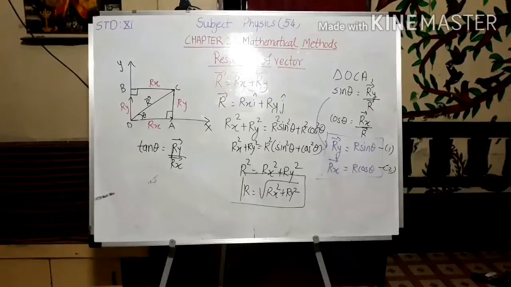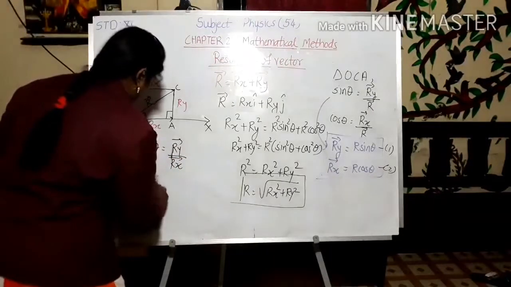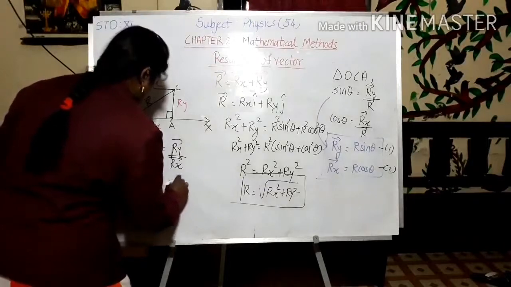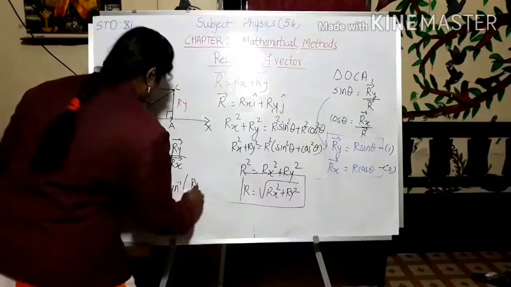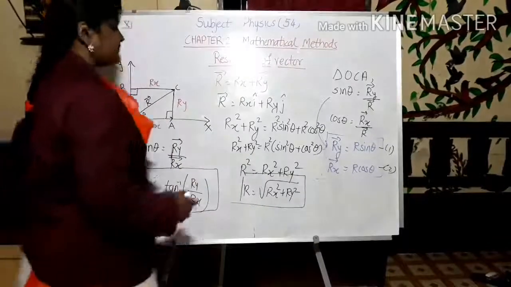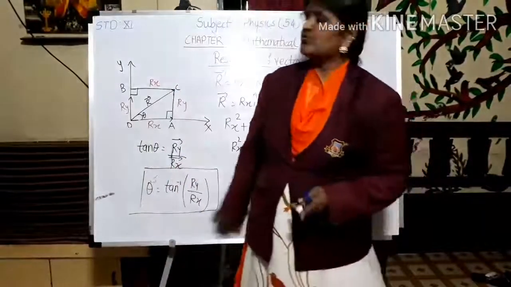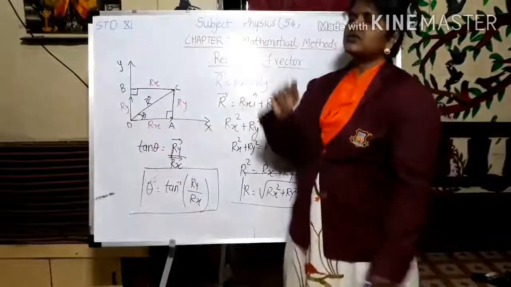Is it right? So you can directly find out the angle for that. So the angle is nothing but theta. Theta is tan inverse of Ry upon Rx. So we got the value for R as well as the value for theta. So this is nothing but resolution of vector.